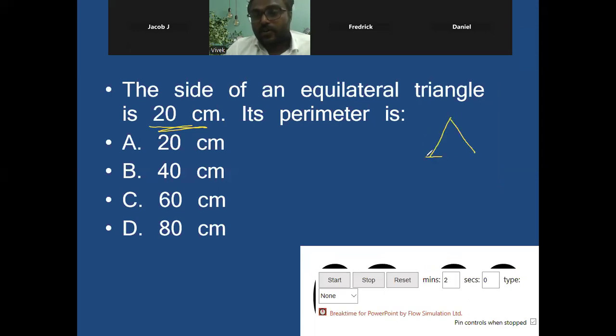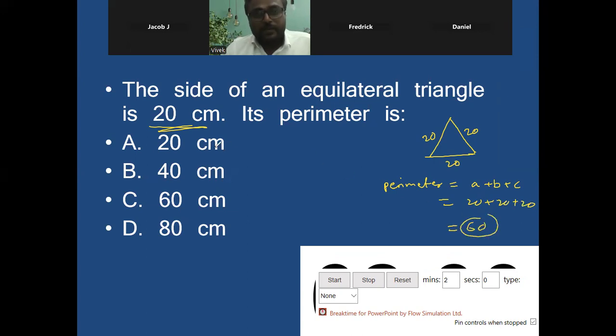So we all know equilateral triangle means equal sides. Lateral means sides, equal sides. So here, if they're saying one side is 20, the other two sides are also 20. Now what is perimeter of a triangle? A plus B plus C. So what do we have? 20 plus 20 plus 20, which is nothing but equal to 60 centimeter.